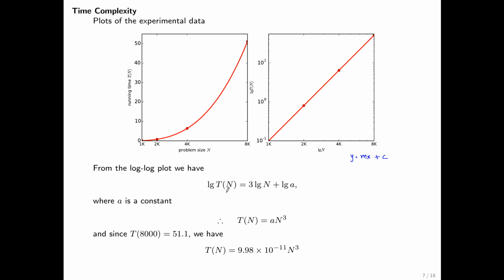So we say the log of the y-axis equals some slope m times x, which is log of n, that's the x-axis, plus some constant, which we write as log of a. Okay. Now the question is, how did we figure out that m has a value of 3?